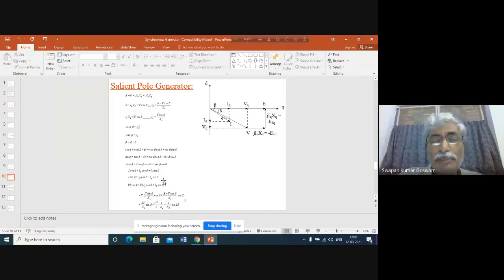So these machines are more stiff, more strongly coupled with the bus, as if you will have to apply more force, more effort to disconnect the machine from the bus. That means these machines have higher stability compared to the cylindrical rotor machine.